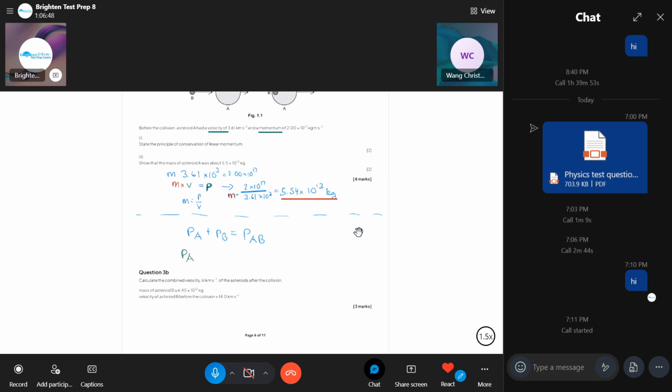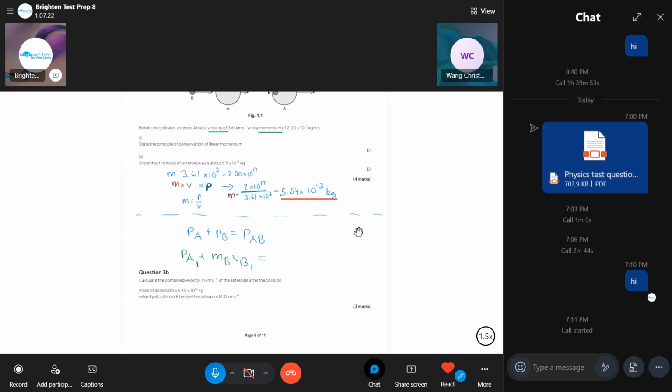And then for B, we use the mass times the velocity. Do we have them both? Yep. So we can make them green as well. So we have the mass of B times the velocity of B, before the collision.